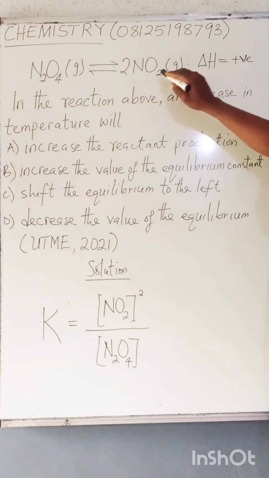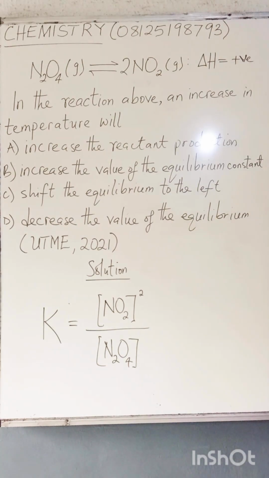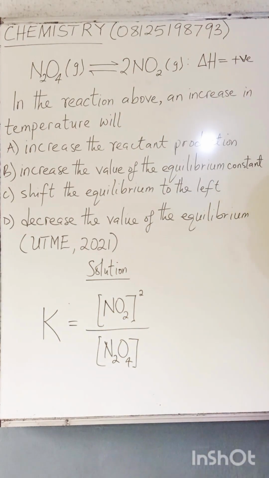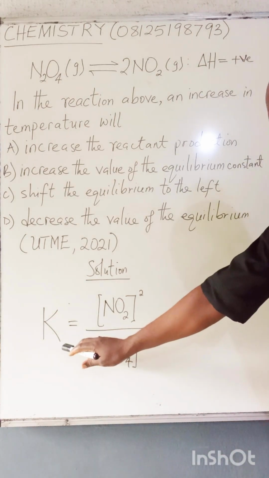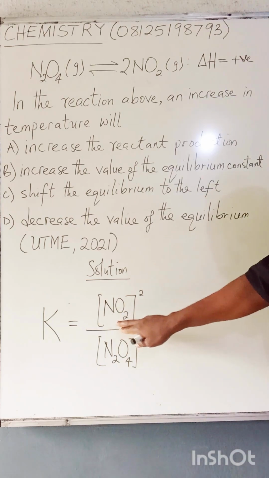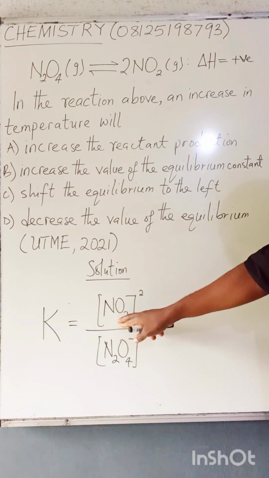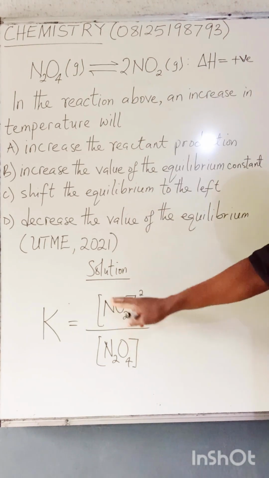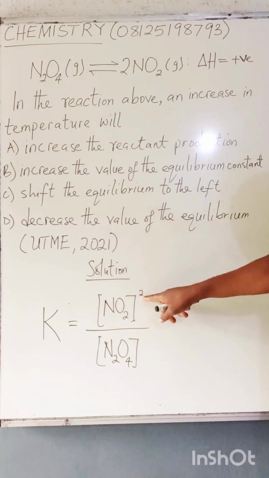And if more products are formed, do you know what will happen to the equilibrium constant? Look at this place. You'll see how equilibrium constant is gotten. It's gotten by the concentration of the product, which is here, the NO2, nitrogen(IV) oxide, put in square bracket, raised to power 2.